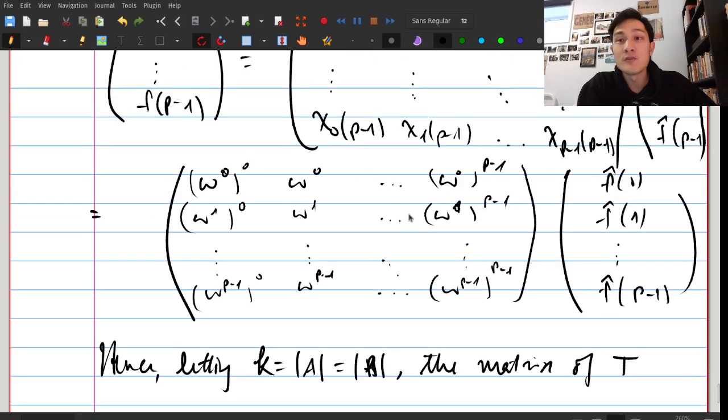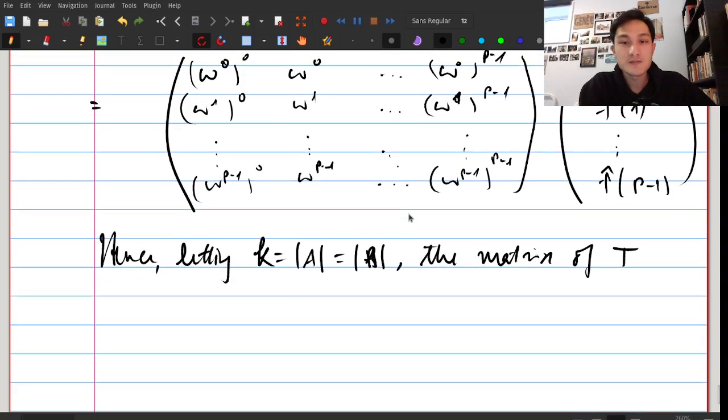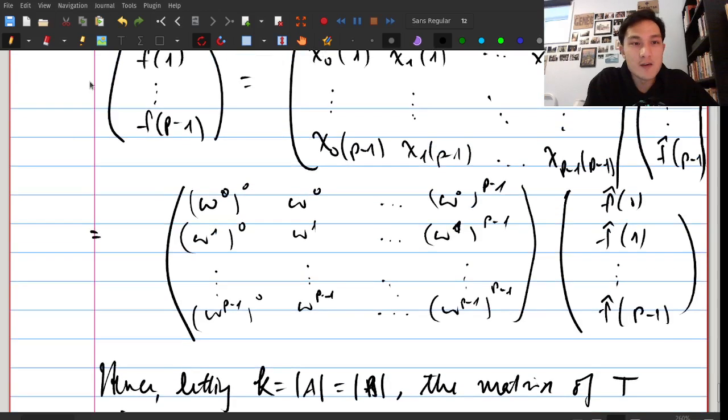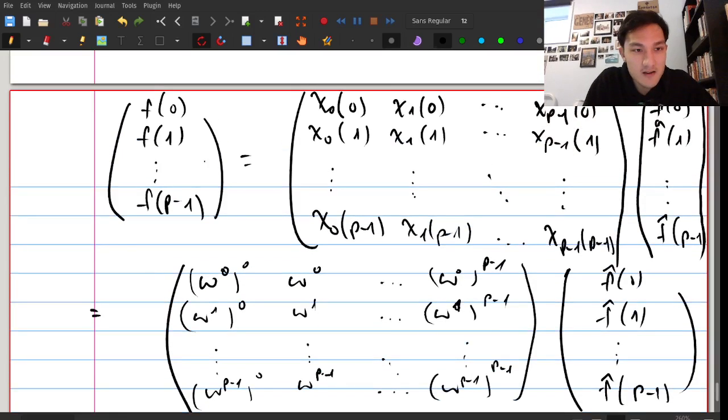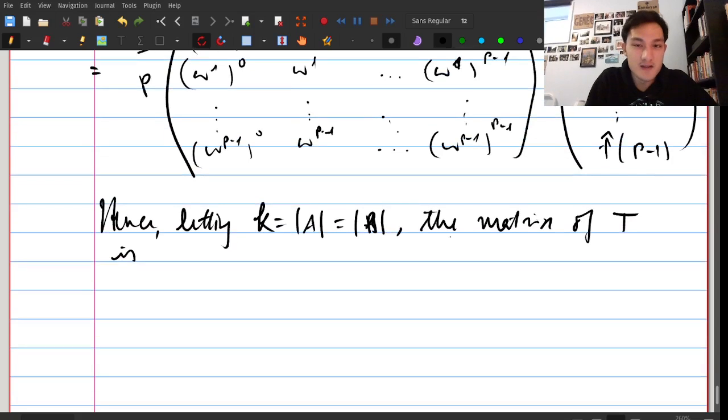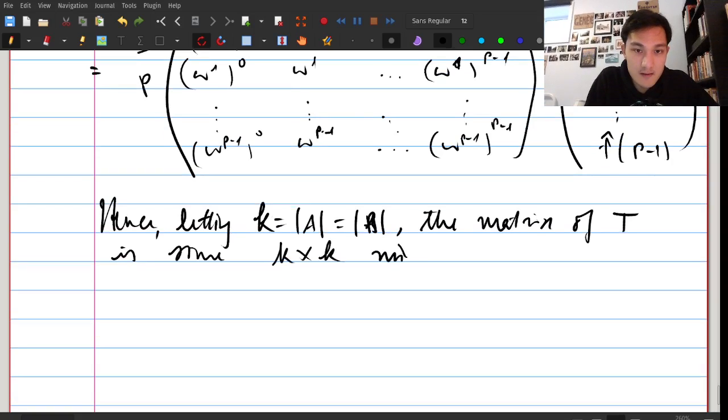And then we restrict it to B, so only some of the rows matter. So the matrix of T is, we have to scale by 1 over p here, but it doesn't really matter. The point is, the matrix of T is some k by k minor of the matrix above.